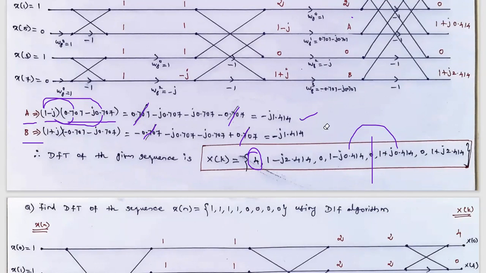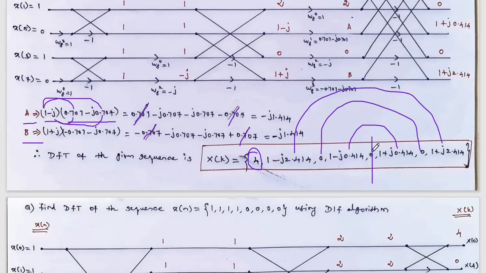Similarly, look at the next two answers: this is 0 and this is 0, so 0, 0 is a complex conjugate. Then these two data: this is 1 minus j 2.414 and this is 1 plus j 2.414. So the first answer is the addition of all the time domain samples, and except for this, you find the center value, and about this center value the two sequences must be complex conjugates.